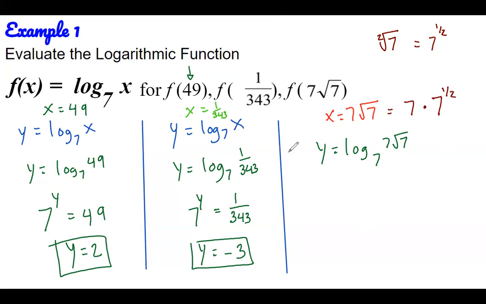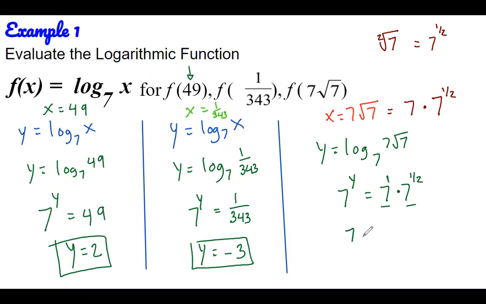So how do we rewrite this now? 7 to the power of y equals 7 times 7 to the power of 1/2. Whenever we're multiplying two values of the same base, what happens to our exponents? They add together.